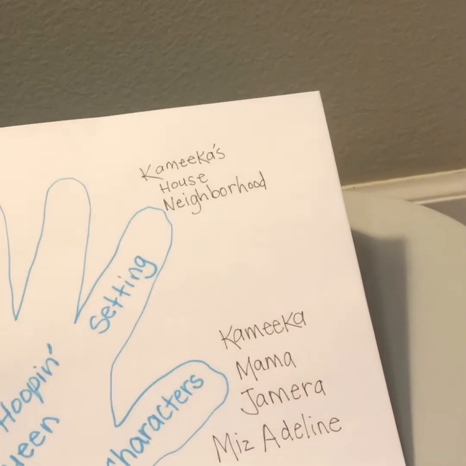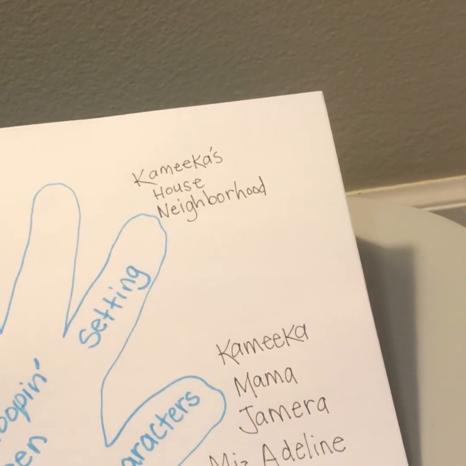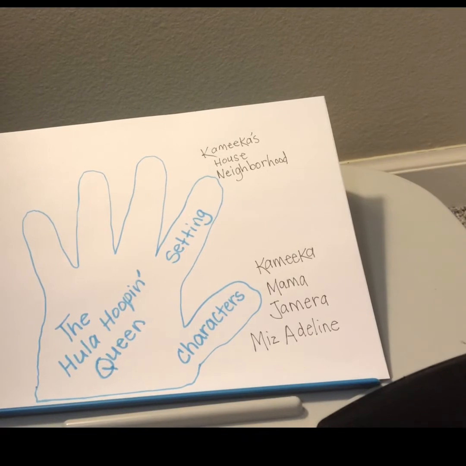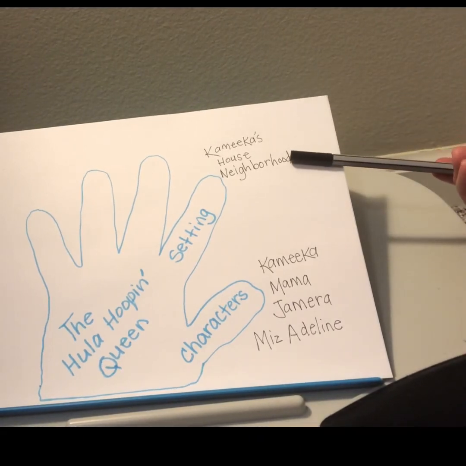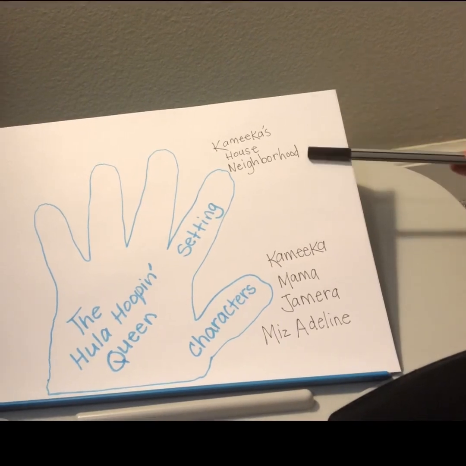Okay, so Kamika is in her house cleaning, getting ready for the party. The party is in Kamika's house, but Kamika also has to go to the store, and she does some hula hooping outside in her neighborhood.